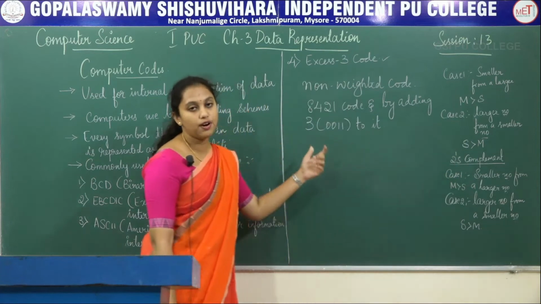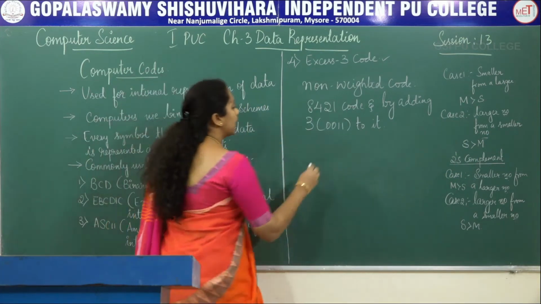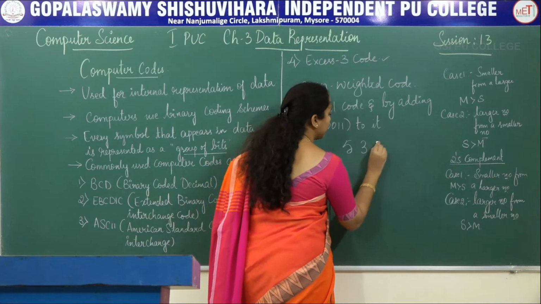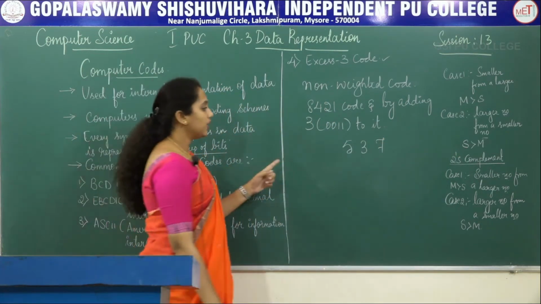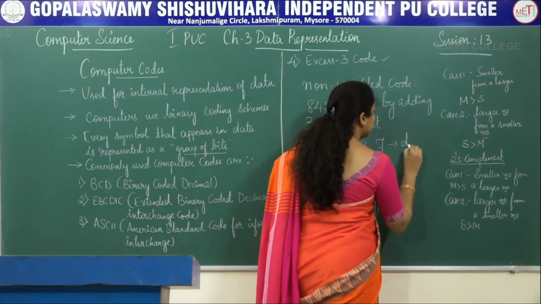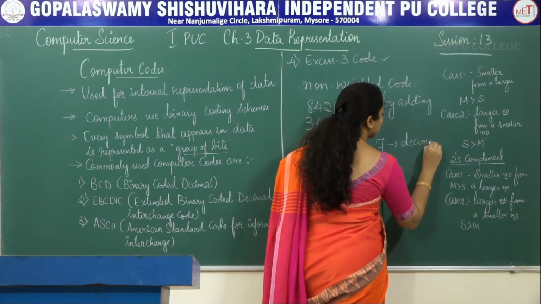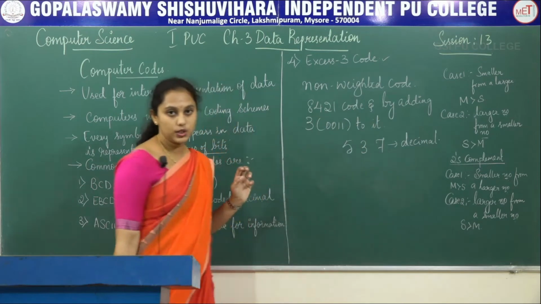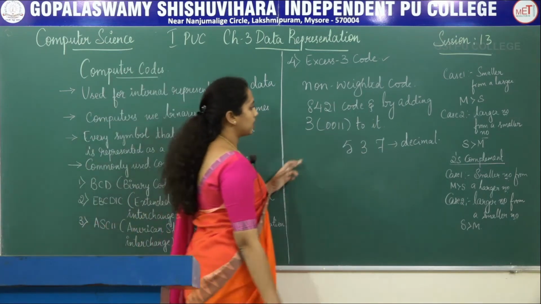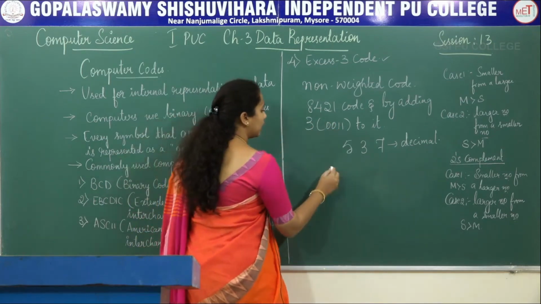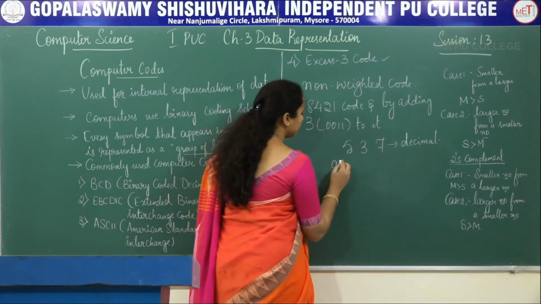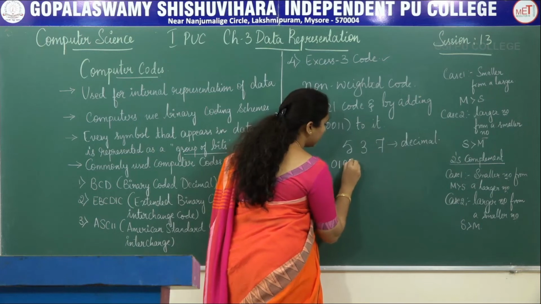For example, represent 537 using XS3 code. Here 537 is a decimal number. I am going to represent it using 8421 code. So that is 0, 1, 0, 1.